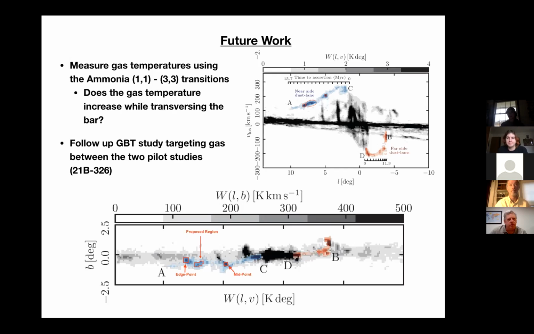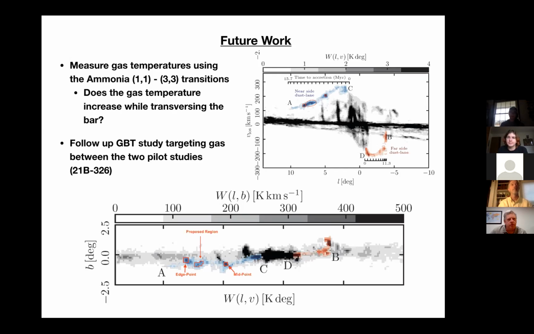That's one of the reasons we were targeting the near side, because you would have a higher elevation at the GBT site, and it would be a little easier to observe. We do want to fill in our pilot study and do a full survey of gas along the entire galactic bar.